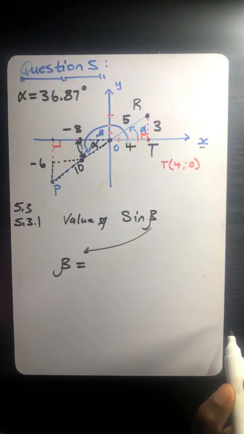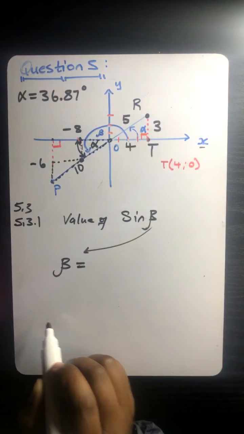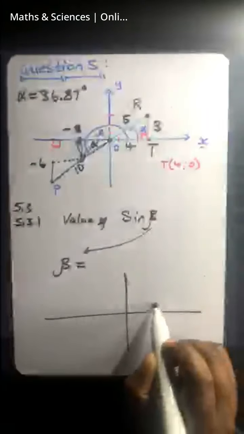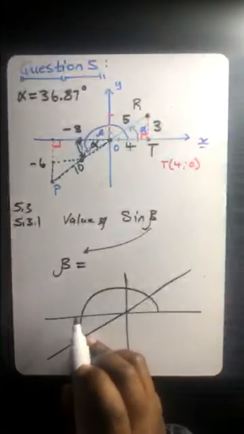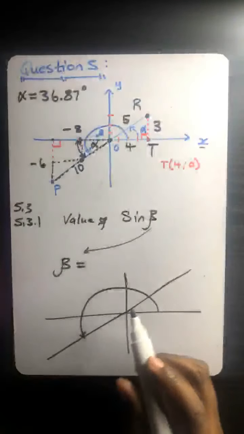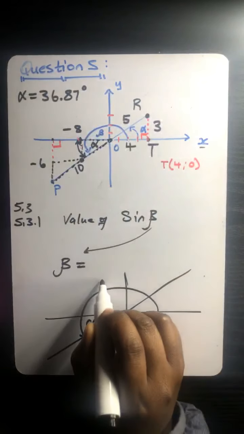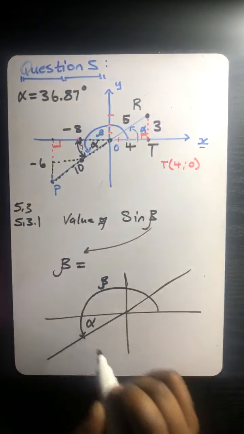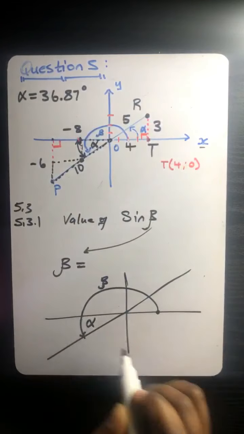Do you guys agree with me if I say, let me quickly check something, guys. Okay, we have a straight line, and then we now have this angle. We also have a straight line there, and then we have that. So you said this angle is the same as that, being alpha, and then we have the total angle being alpha there. And from here to there it's 180 degrees.